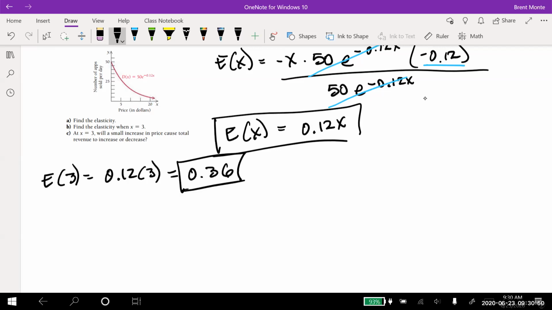And 0.36 is less than 1, so it's inelastic. And remember, what we want to do if it's inelastic is increase price to maximize revenue.